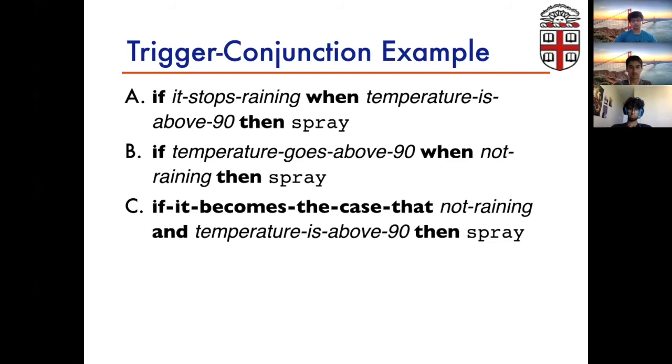But the rules don't say that. Rules A and B are actually sensitive to the order, right? The first one says it has to stop raining after it has already become 90 degrees. This is a really important distinction to make when you're building these trigger action systems, but it turns out to be remarkably hard for people to reason about them, to think about them, and to correctly interpret them.